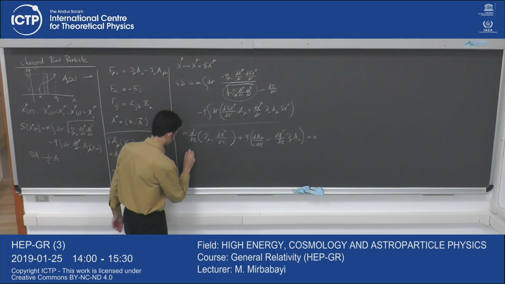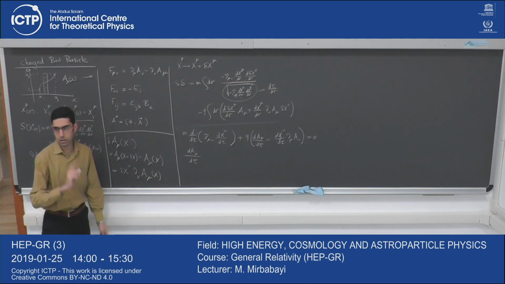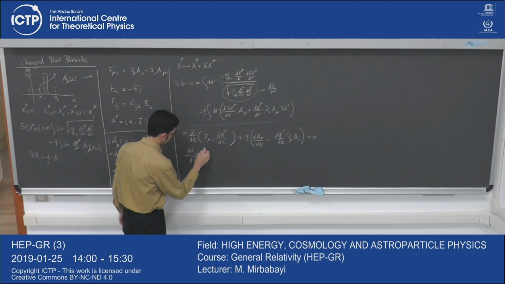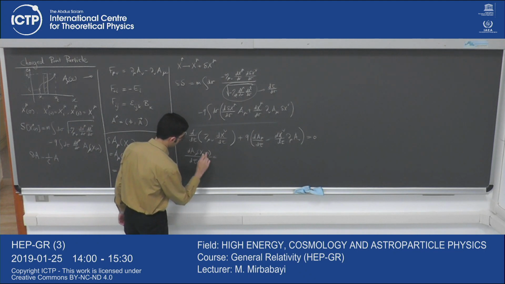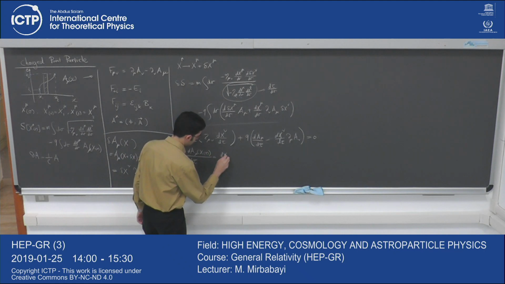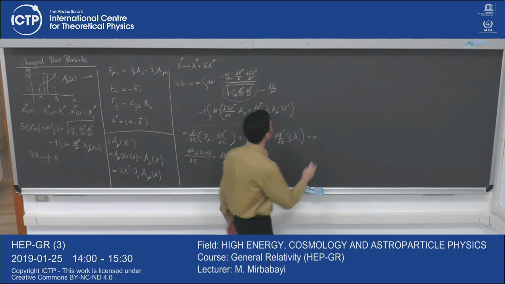And then we can write dA mu d tau. We can again use the chain rule. So A mu is evaluated along the trajectory. But this is really A mu of x of tau. So this derivative is equal to dx nu d tau d nu A mu.